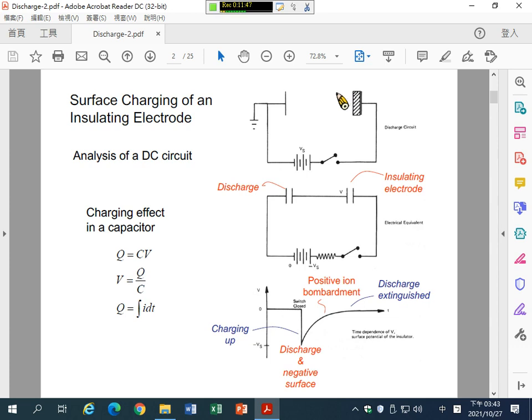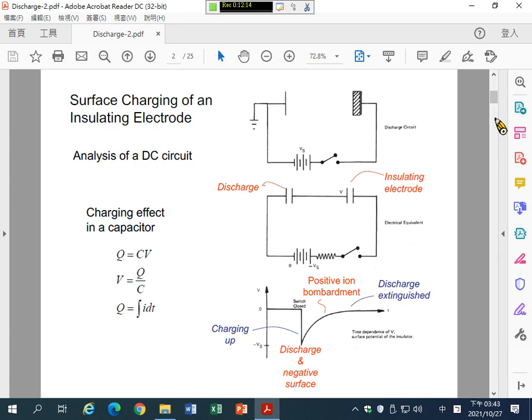And once the plasma is generated, we can replug the circuit, because plasma can be considered as a part of the circuit. So the plasma has at least two components. One is the resistive component. The other one is the capacitive component. Okay.